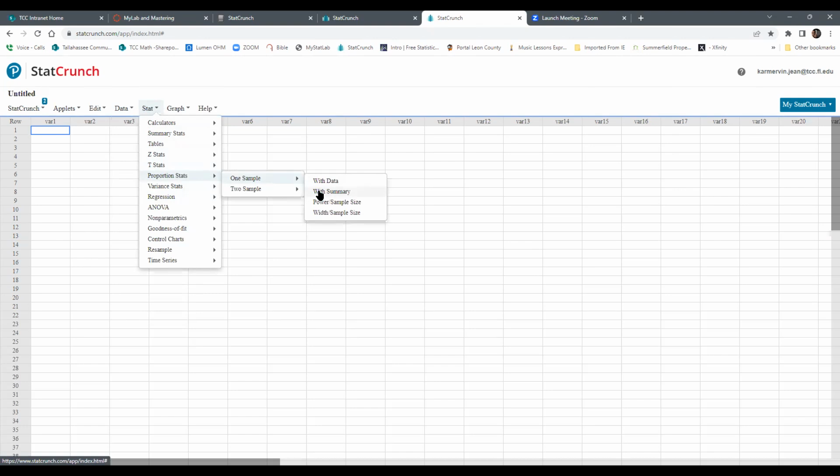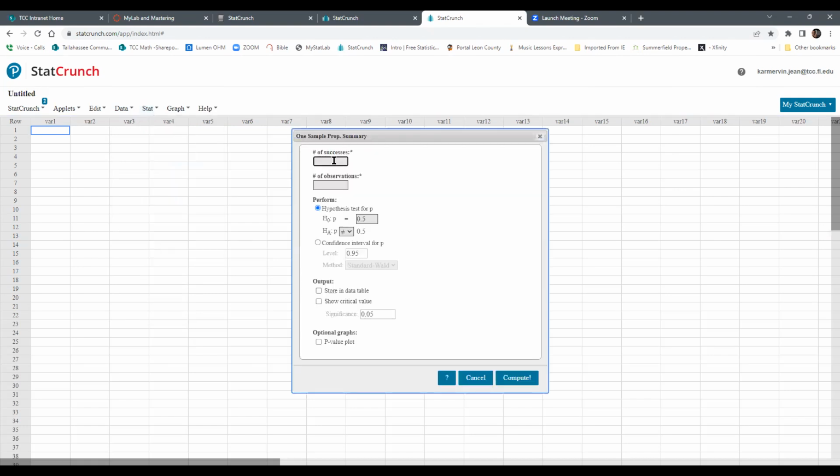Okay. Now, in my problem, I say that 176 of 200 patients selected to receive treatment survive. 176 people survive. So my number of successes will be 176. Number of observations: we observed 200 people, and 176 say they survived.